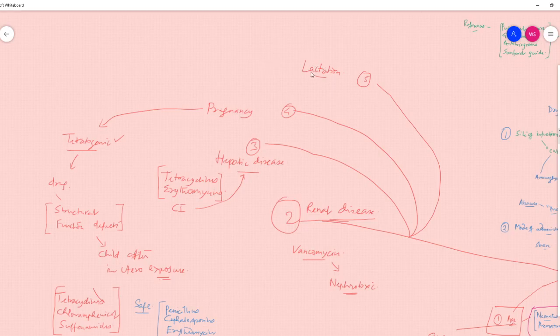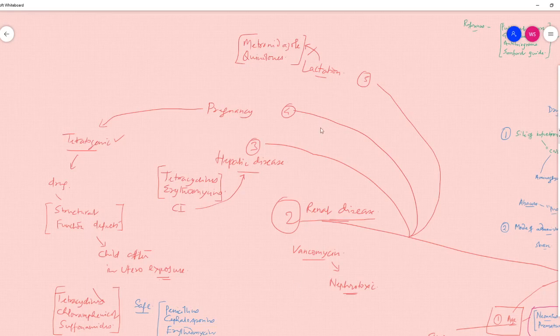So drugs like metronidazole and quinolones should not be administered to a mother who is lactating.